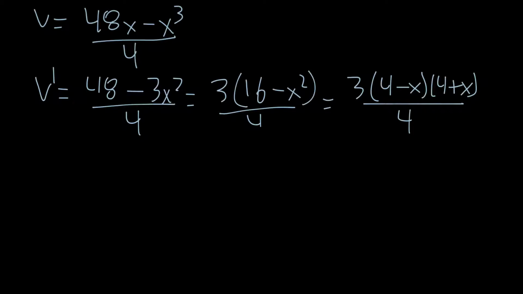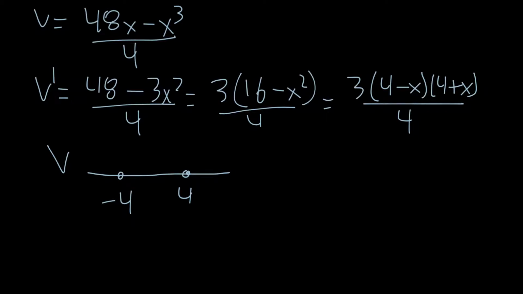Now that we've taken our derivative and we've factored it nicely, we need to see, what does the sign diagram look like? Where is the function increasing? Where is it decreasing? Where is it going to have the maximum that we're looking for? So if we draw the sign diagram for v, we're going to have a 0 here at 4 and a 0 here at minus 4.